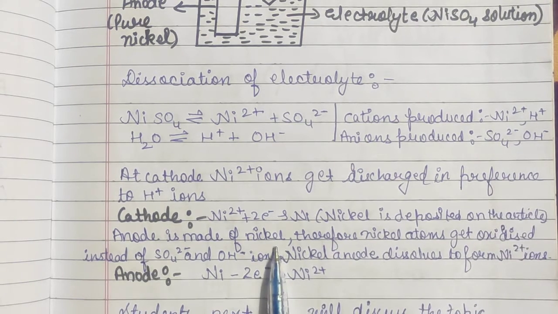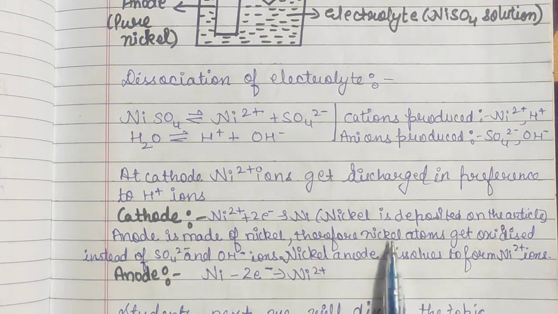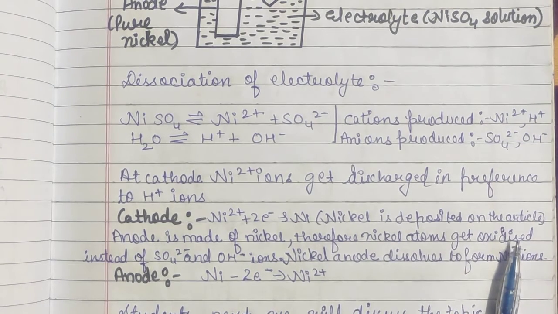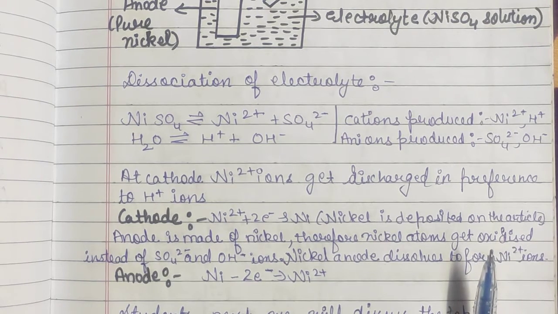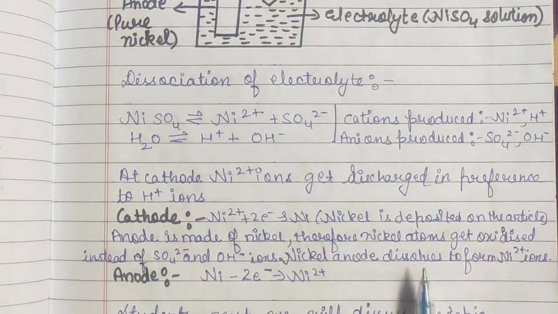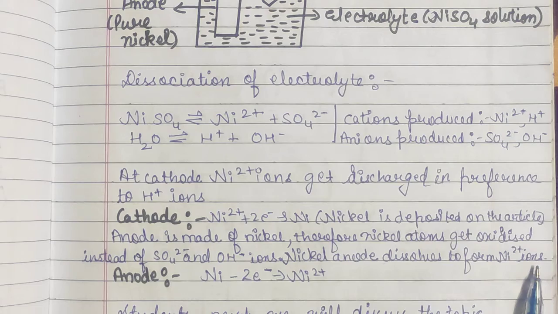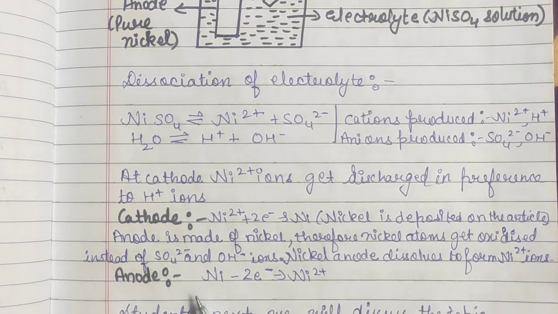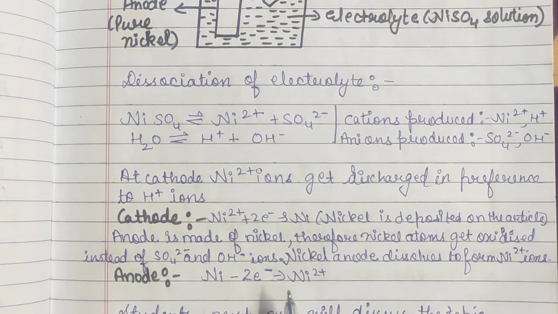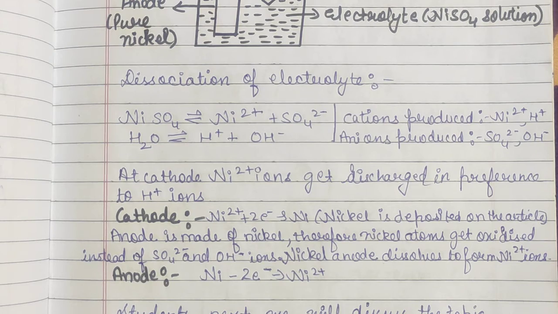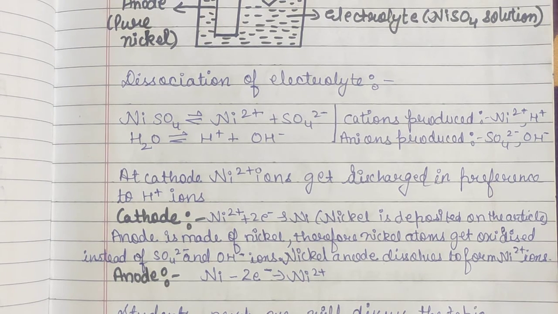The anode is made up of nickel, therefore nickel atoms get oxidized. Those elements that give electrons get oxidized, and those elements that take electrons get reduced. Instead of SO4 2- and OH- ions, the nickel anode dissolves to form Ni2+ ions. So in the case of the anode, nickel will lose 2 electrons and become Ni2+, right? So this was the electroplating with nickel.